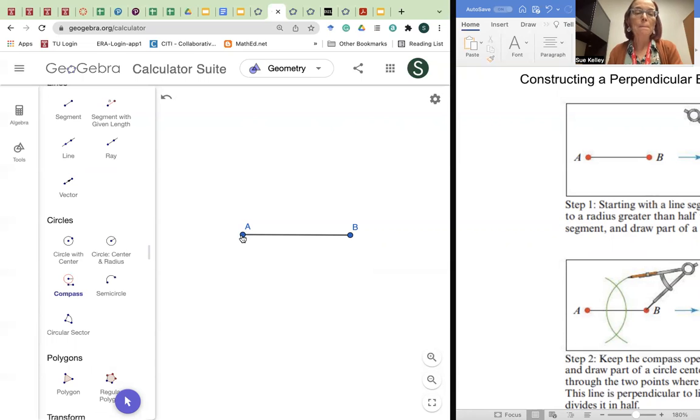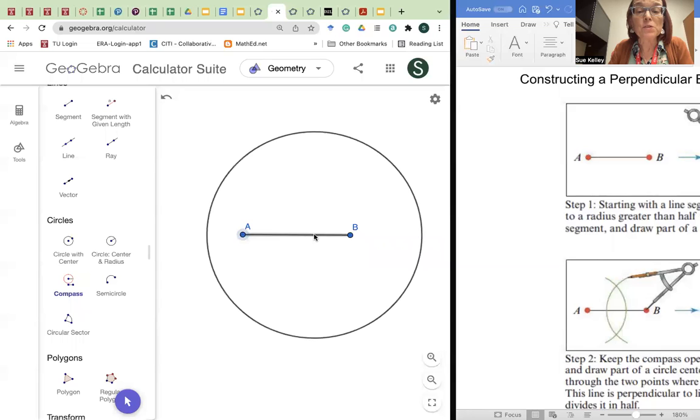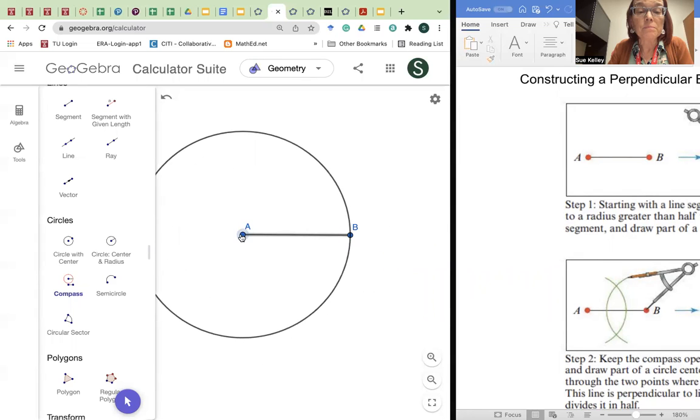It doesn't matter. And we're going to draw it with the center at A, and then the radius some distance between A and B. So center at A, some distance between A and B. It just happened to make it the whole distance between A and B.